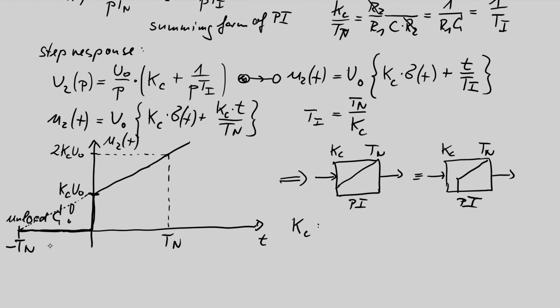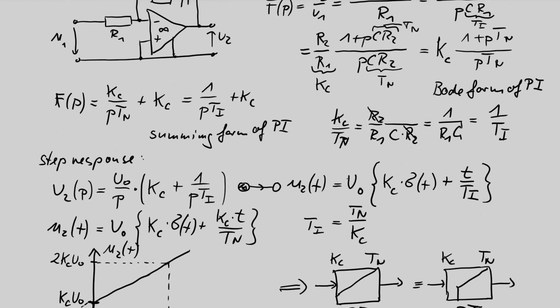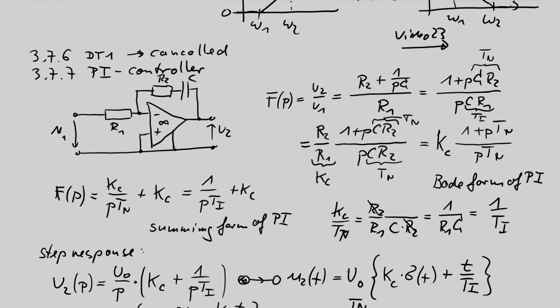Kc is called the controller gain. The question is: is this a DC gain? How large is the DC gain? How can we find it out? Not with the step response, but with the transfer function. If you look into the transfer function here and want to calculate the DC gain, set P to 0.